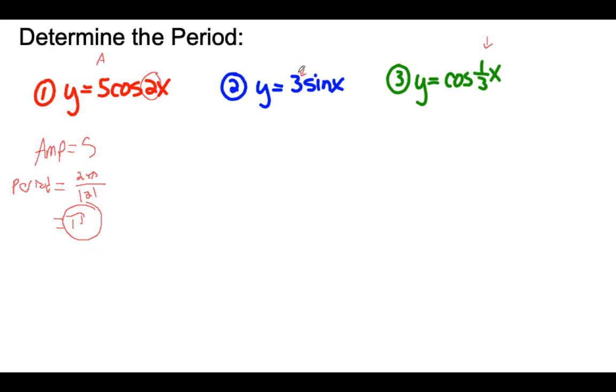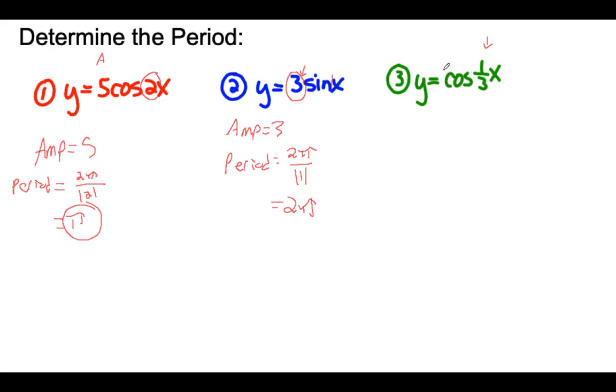Well, the 3 is on the outside. That tells us the amplitude. So our amplitude equals 3. And then our period equals 2 pi divided by, well, there's no value there, so it's really 1, just like yesterday. So the period's 2 pi. It's unchanged.